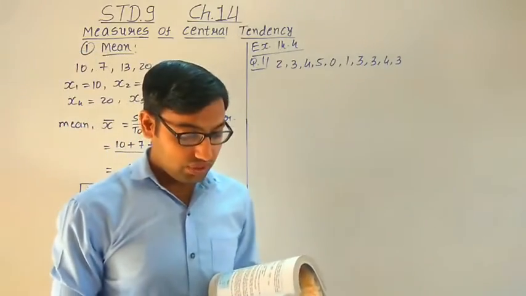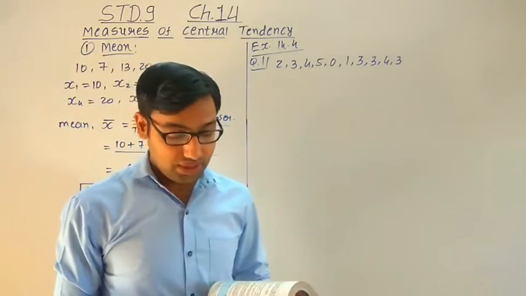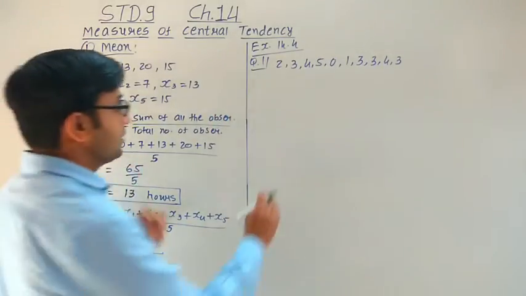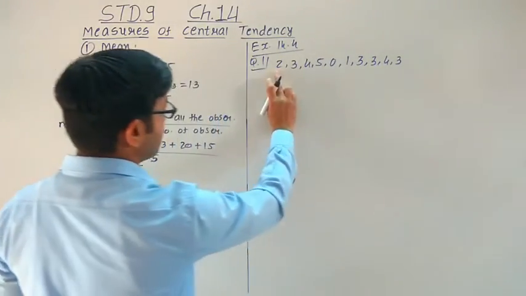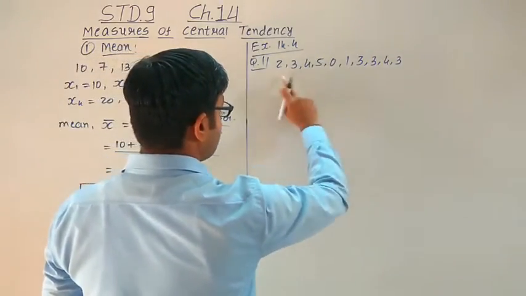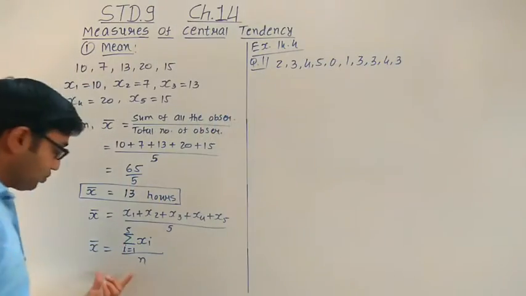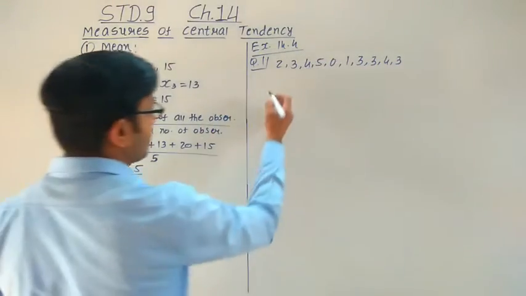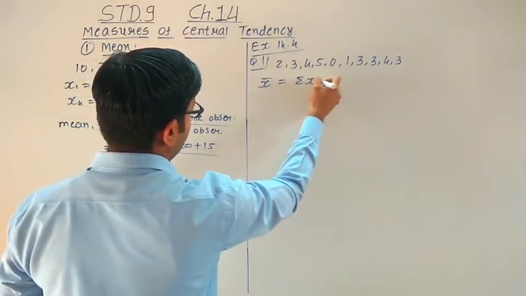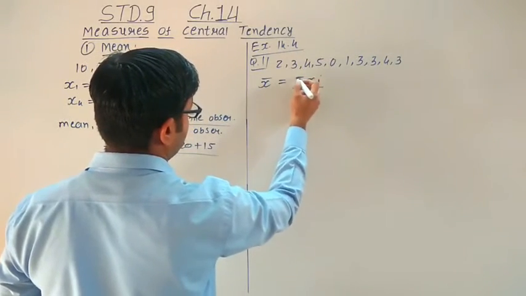So here we have to find mean, median and mode, but here we will just find the mean, right? We can write these observations as x1, x2, x3, x4, x5, but there will be 10 data here, so we will use this formula, x bar is equal to sigma xi upon n.